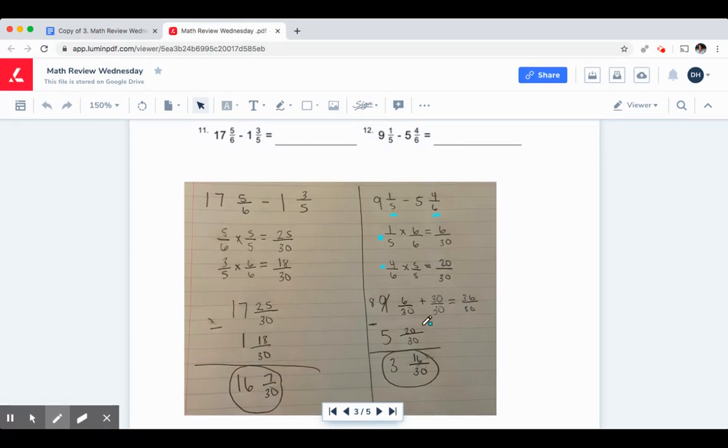When I set up my new subtraction number sentence, I had 9 and 6/30ths minus 5 and 20/30ths. So of course I need to start by subtracting the fractions. I needed to do 6/30ths minus 20/30ths. What problem do you think I ran into when I tried to do that subtraction?